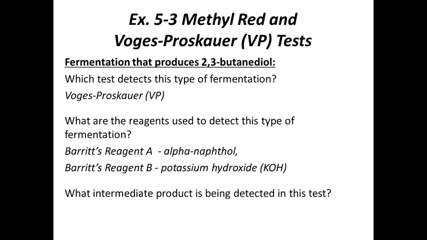What would be in our media that our organism produced and made via fermentation that we're actually testing for the presence of? Acetoin. You can handle spelling this one, y'all.